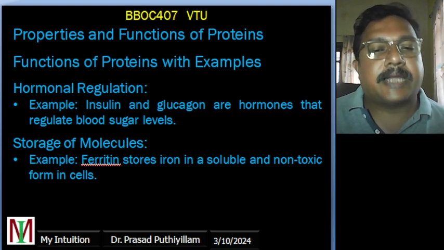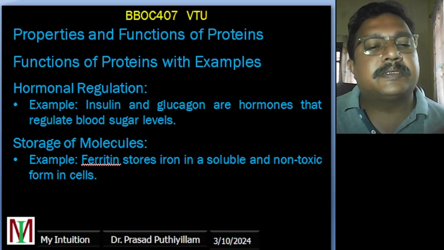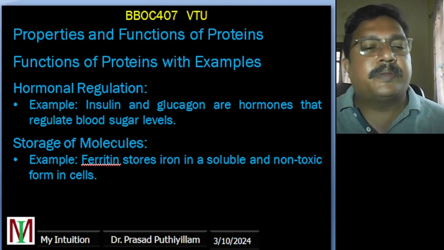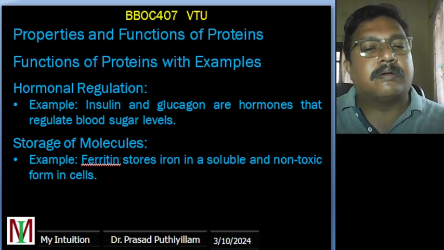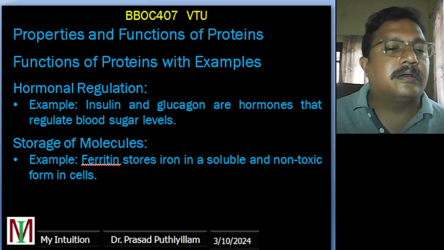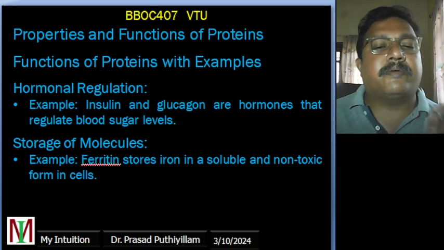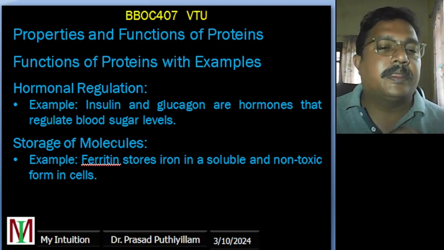The proteins act as messengers carrying signals from hormones to various tissues to control vital processes. Two hormones which rely on proteins for regulation are insulin and glucagon. These hormones work together to manage the blood sugar level.